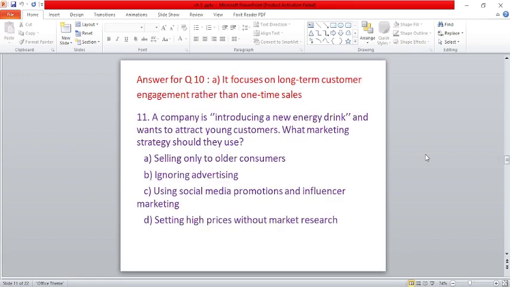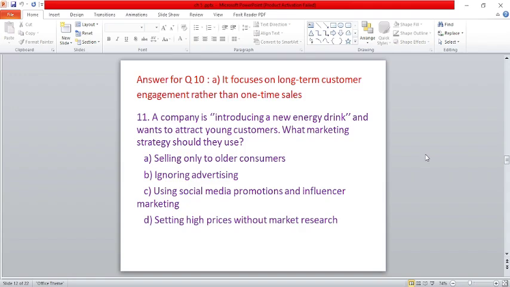Question number 11. A company is introducing a new energy drink and wants to attract young customers. What marketing strategy should they use? A. Selling only to older consumers. B. Ignore advertising.